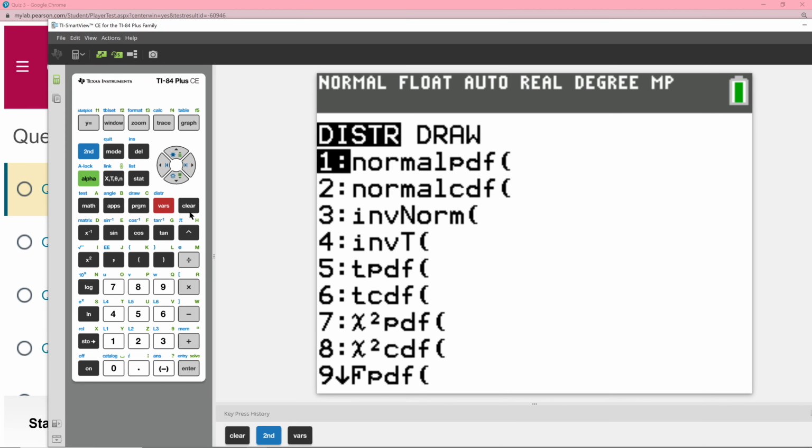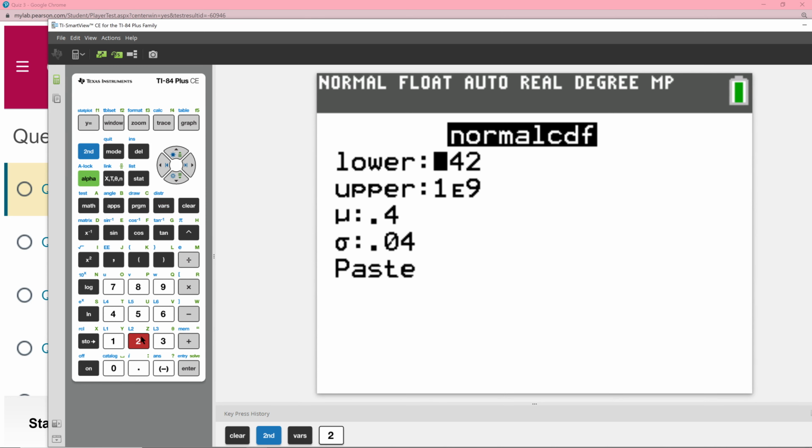This stands for the distributions that we deal with in statistics. There are different types of distributions based on our data. And so we're dealing with the normal CDF for this because we're going to be calculating the cumulative density under the normal bell-shaped curve. And so number 2, normal CDF is our guy.